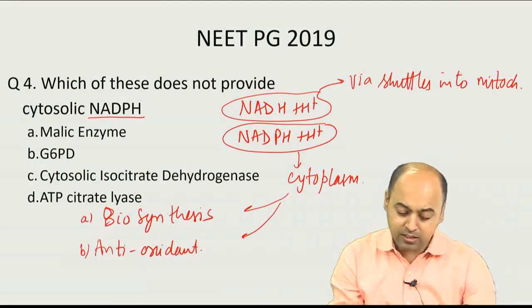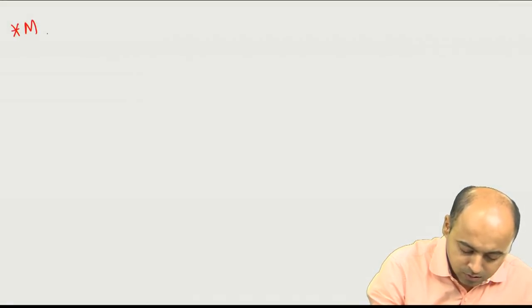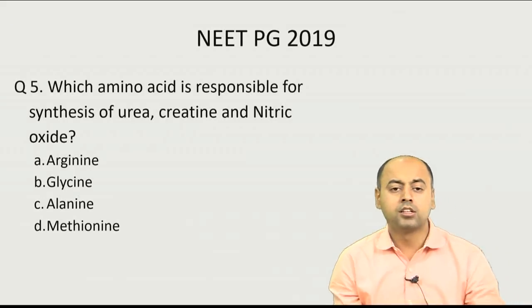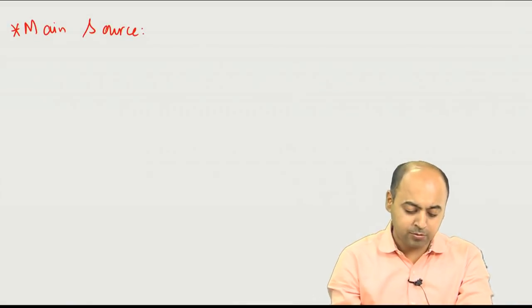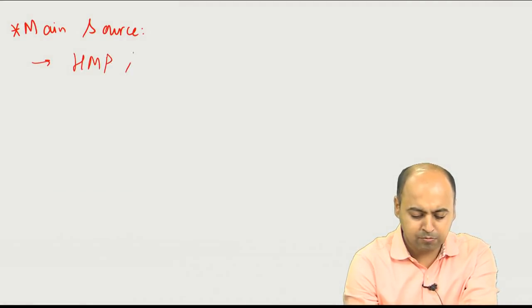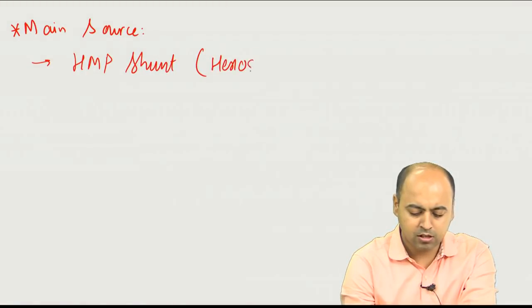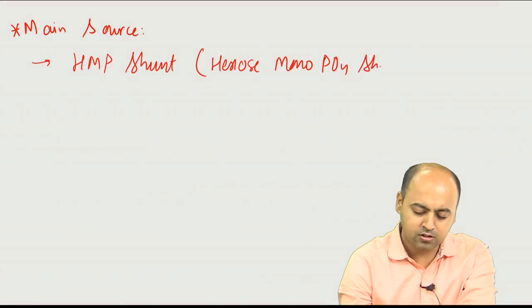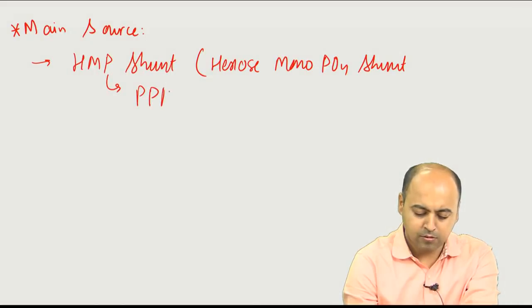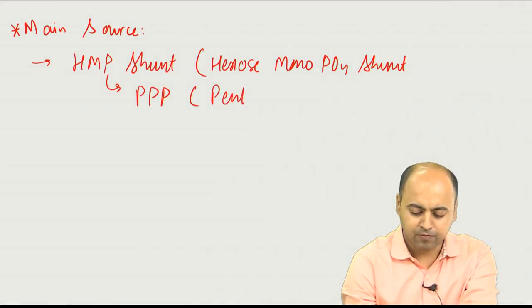So let's see from where this NADPH is coming. The main source for NADPH is the HMP shunt. I'm sure you know about the HMP shunt. HMP shunt is the hexose monophosphate shunt, also known as the pentose phosphate pathway.